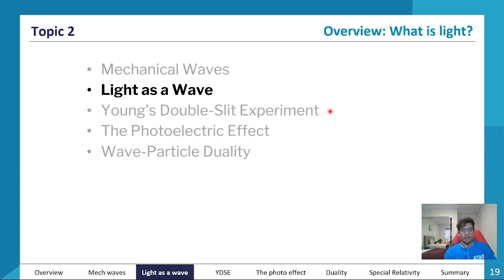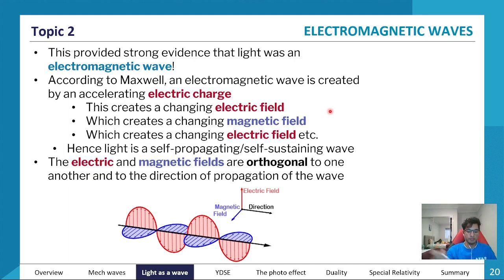So just a quick history lesson: in the 1800s and the 1900s, we didn't know much about light, and back in the day, it was assumed that light is a particle. But there was also a bit of evidence for light being a wave. And so there were lots of debates in the science community to figure out, is light really a wave or is light a particle? And so some smart guy, Maxwell, decided that light is actually a wave.